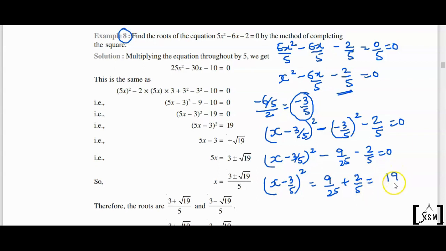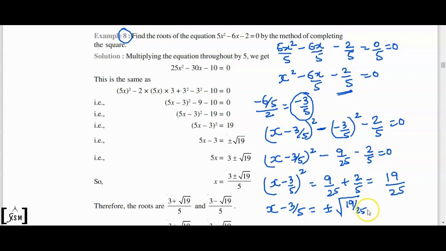So we get 19/25, and then the square comes to the other side. So we'll get x − 3/5 equal to ± the square root of 19/25, and we know the square root of 25 is 5, so it basically becomes √19/5.